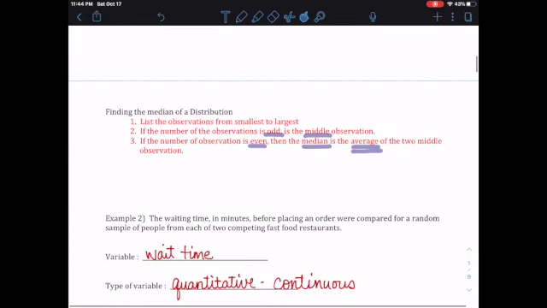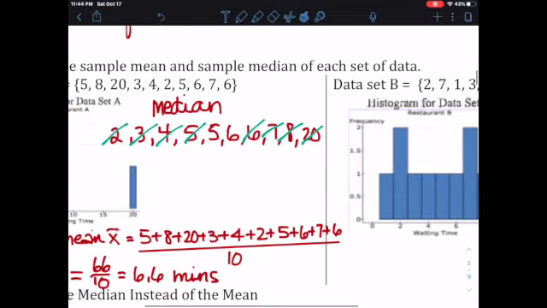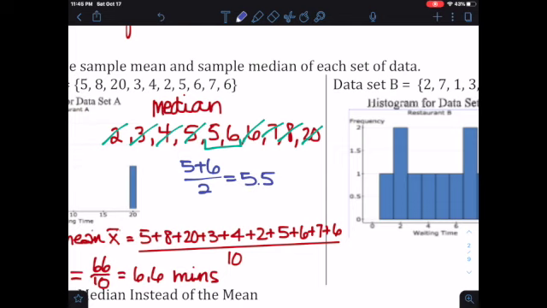Remember the information from before: if the number of observations is even, which is 10, then the median is the average of the 2 middle observations. You take the middle 2, add them together and divide by 2. So that's 5 plus 6 divided by 2. So the median is 5.5 minutes.